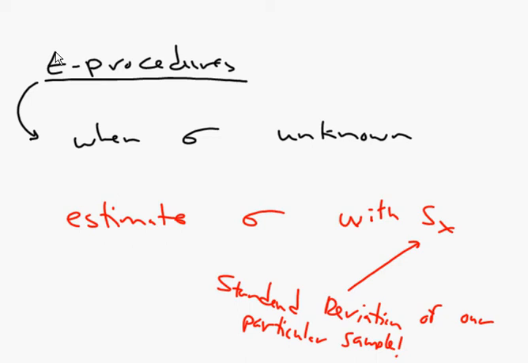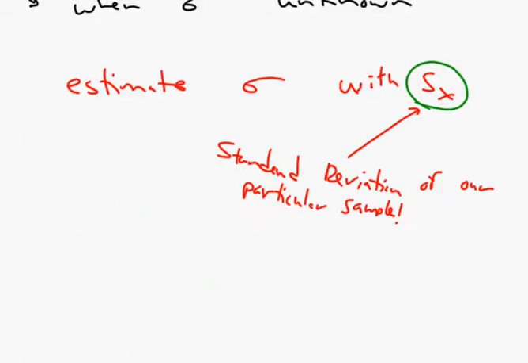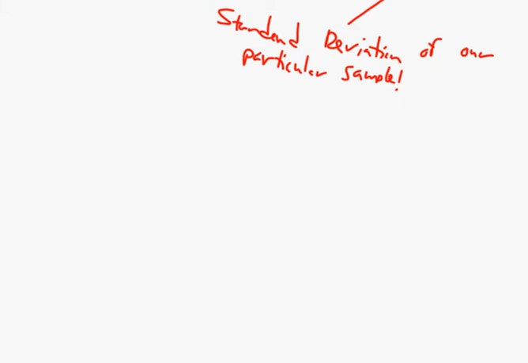Okay? If you think about it, when you do a sample out of a population, you can get a standard deviation from that particular sample. And if we don't know sigma, we're going to use that S of x to estimate it.